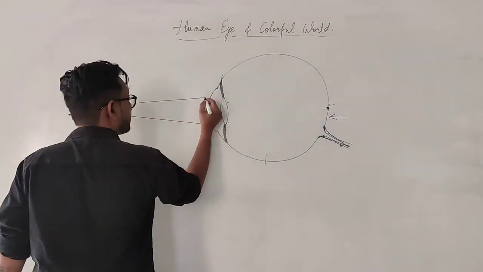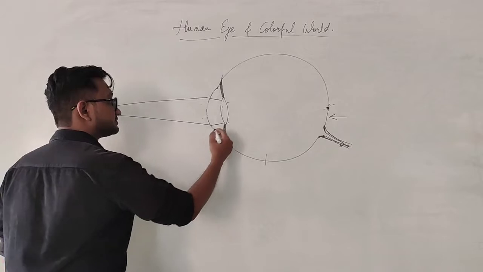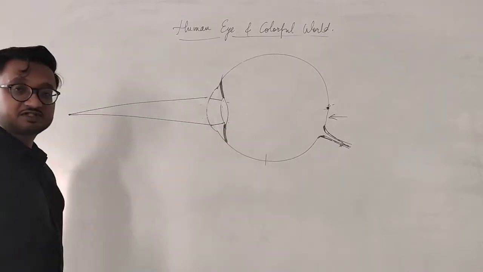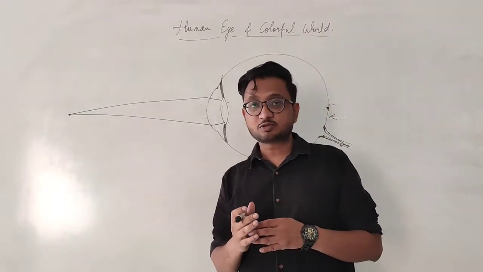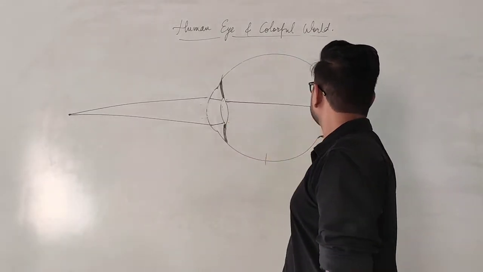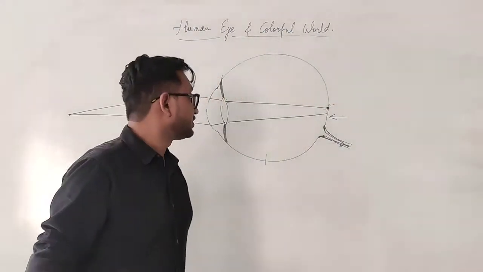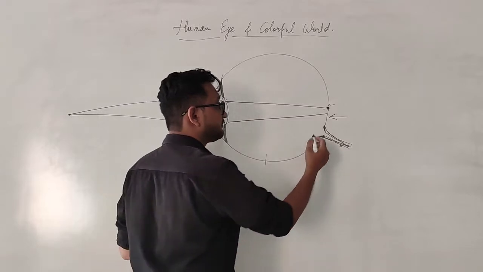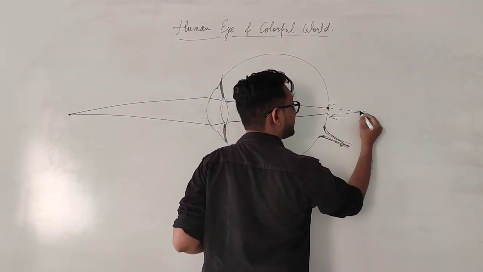As soon as it hits the cornea, it converges the light and makes it fall on the eye lens. Now at this point, the eye lens is quite thin. So when the rays of light are converged, they will be converging like this. Okay? And therefore, the focus point, if we see virtually, is somewhere behind the retina, like here.